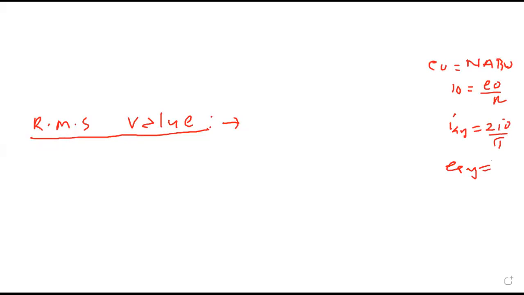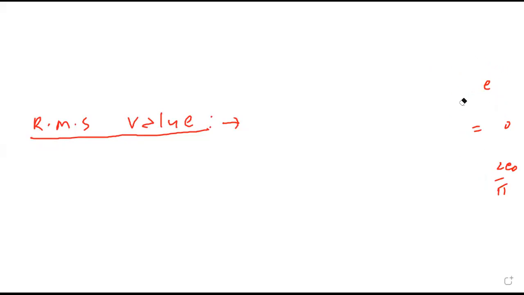E average for half cycle we got 2 E naught upon pi. Now the last part is, what is RMS value. Now when we say RMS, it is root mean square. That means square root of the mean of the square. So symbolically, first I am explaining how it is written. RMS value.